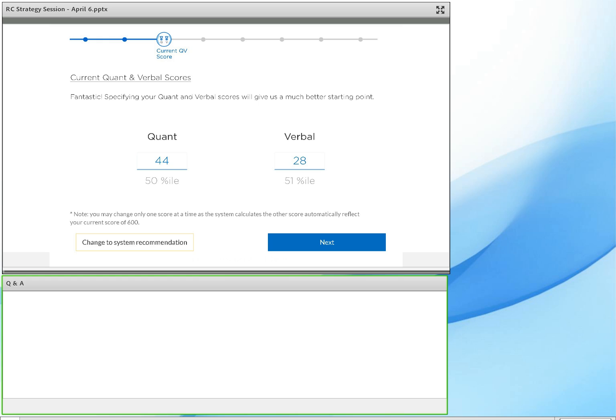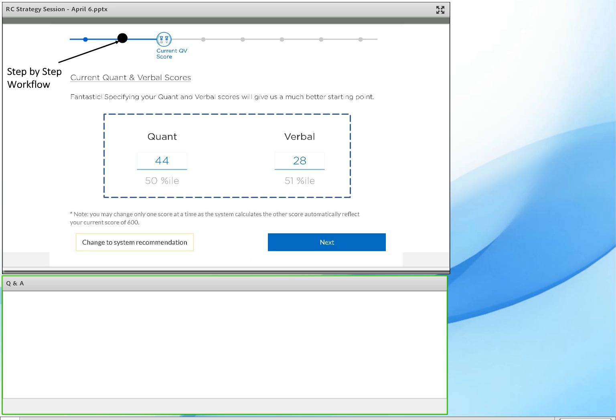Now, since this is not a static utility, it's very aware of the information that you provide to it. So when you tell this utility, okay, you have a Q44 and essentially a V28, it understands that a Q44 implies that you know certain concepts, and a V28 has a certain implication to it.